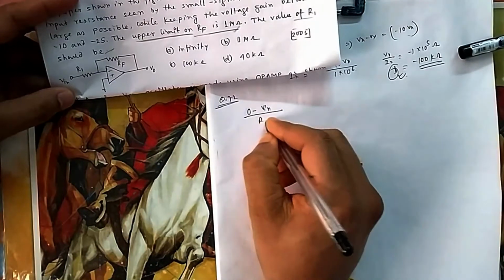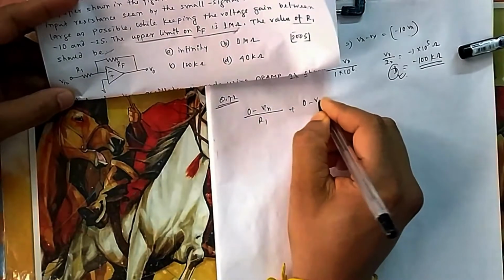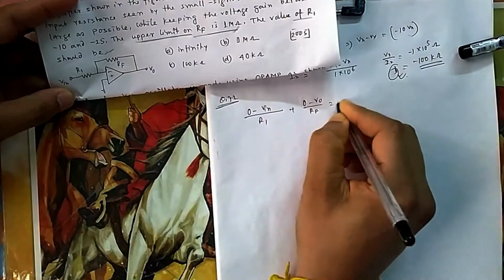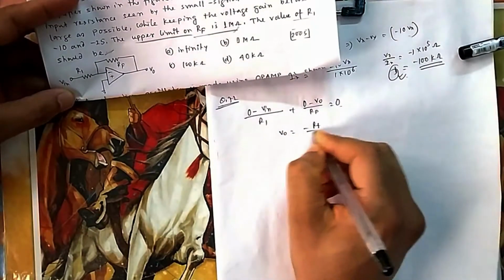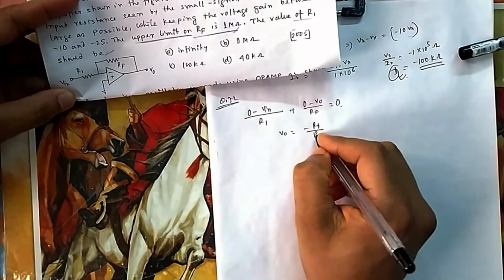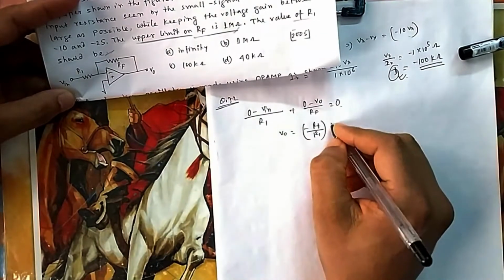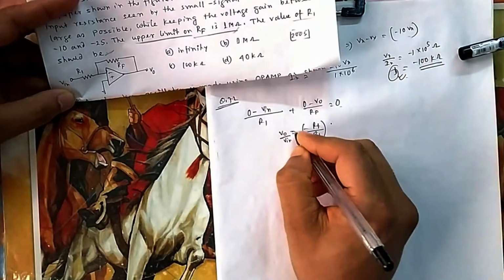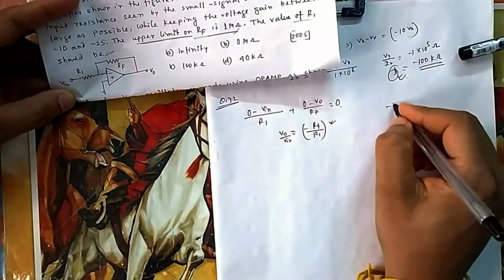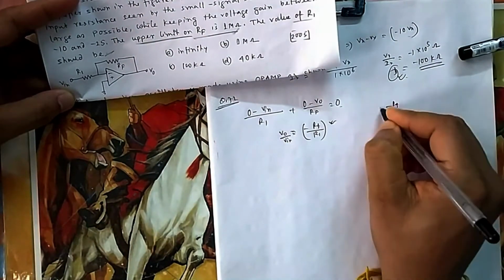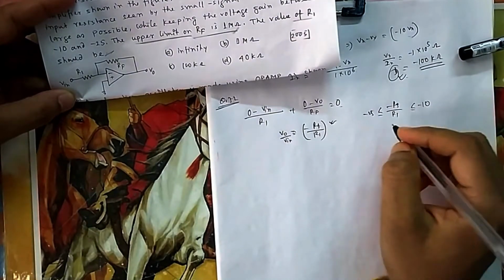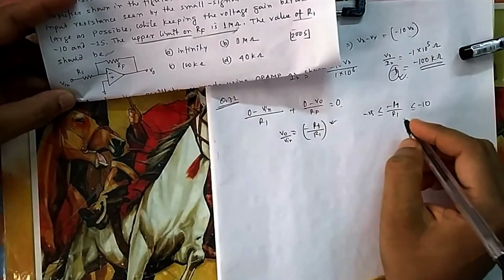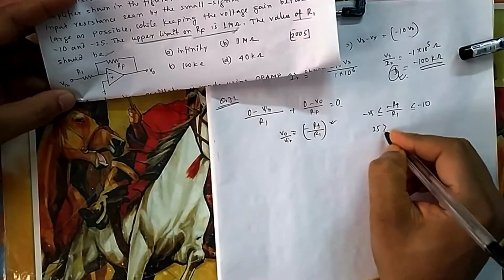But you go by this: plus 0 minus V0 by RF is equal to 0. So your V0 by Vin is equal to minus RF by R1, so this is your gain. This gain should be in between minus 25 and minus 10. If you multiply by minus, the sign will obviously change.